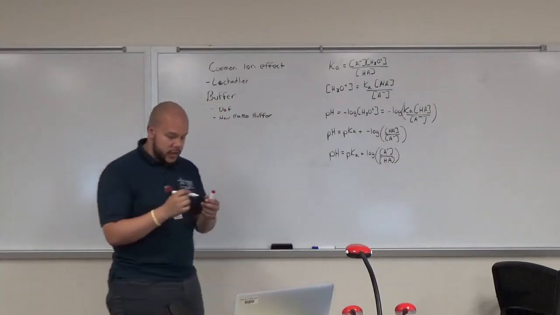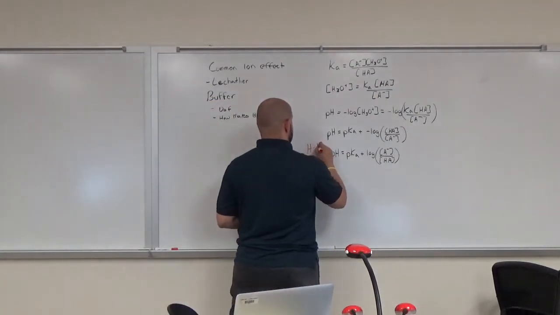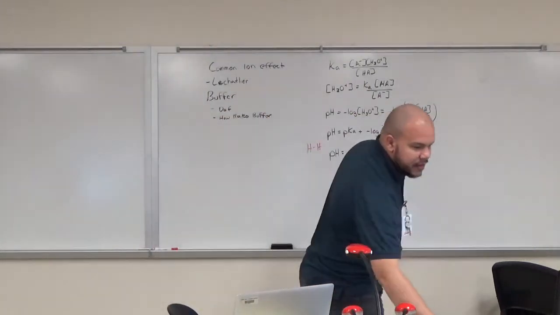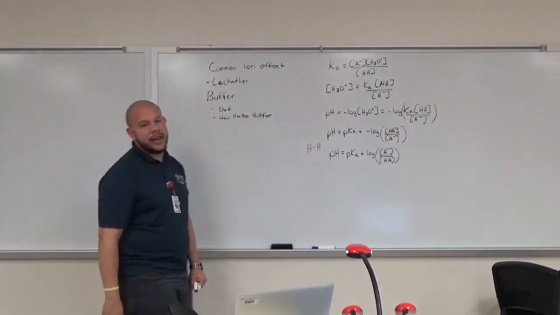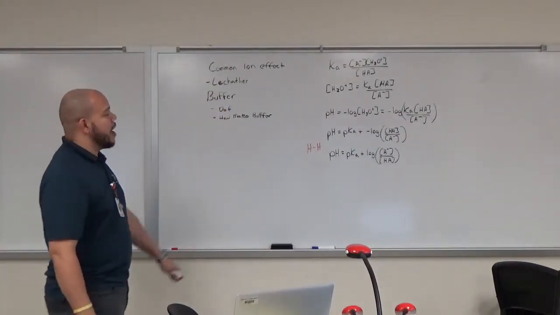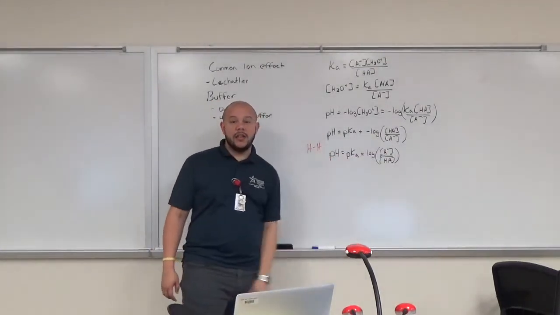And now we have what is known in your text and on your reference material as the Henderson-Hasselbalch equation. This is what is going to be used to calculate the pH of a buffer, as long as you have information about the acid and the conjugate base.